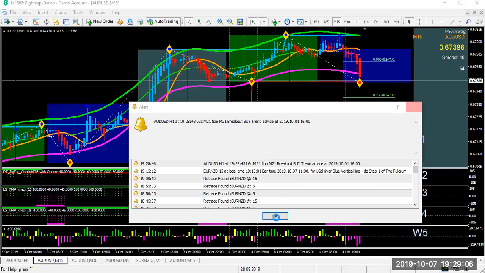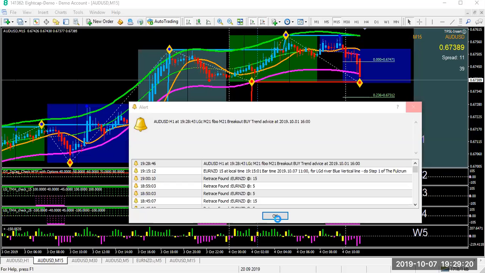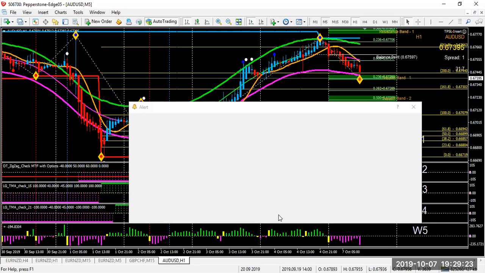So it's getting to 7:29, so it must be getting close to 7:30 where alerts will happen. Well, let's have a look now. Go Markets.